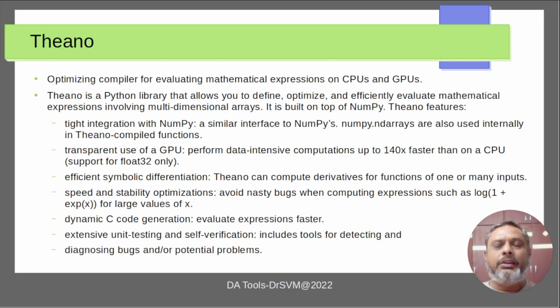But if you look carefully, log of e to the power x is supposed to be x itself, but due to the data structure problems, it's going to be an erroneous result when the value of x is larger.